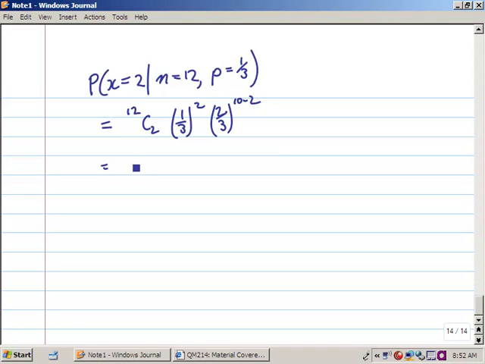Calculation. On the bottom line here we're going to have 2 factorial, 2 by 1, by 12 minus 2, or 10 factorial. I'm not going to write that out because it's big.